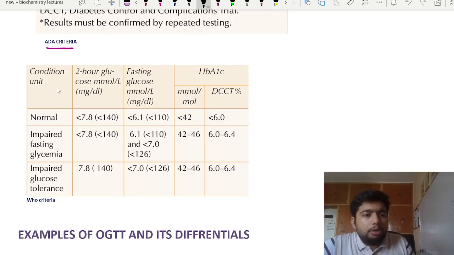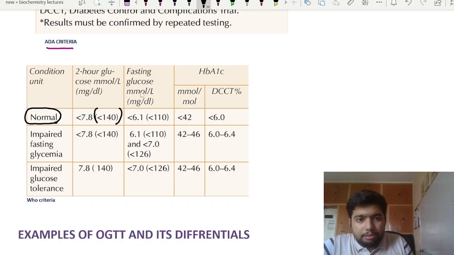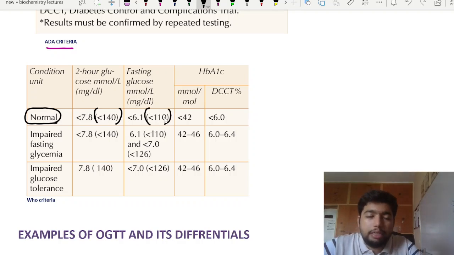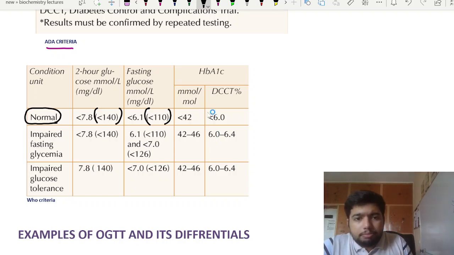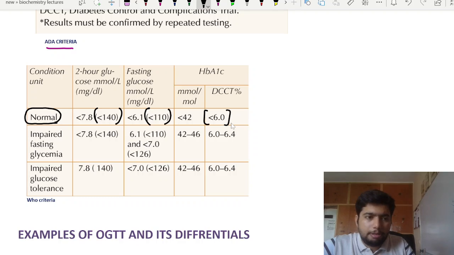So you can see, in a normal condition your pp2bs should be less than 140, and fasting normal blood glucose according to WHO is less than 110. Okay. HbA1c is less than 6.0, that means less than 6.